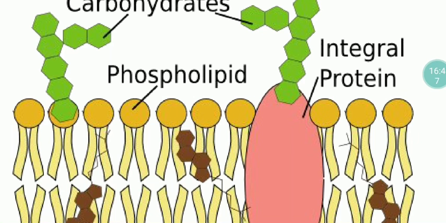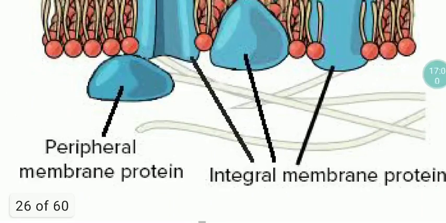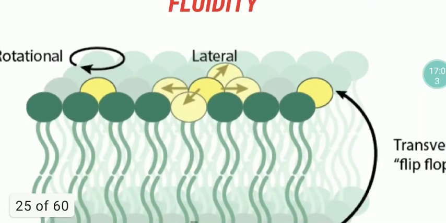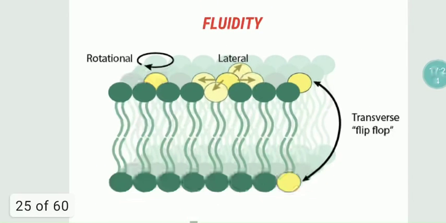So these carbohydrates and proteins together act as antigens and antibodies, they help in transportation, and the cholesterol and the movement of the phospholipid bilayer help in fluidity, which is needed for phagocytosis, pinocytosis, and cell signaling, that is transferring information from one cell to another. All these are done by the plasma membrane. So this is the structure and function of the plasma membrane.